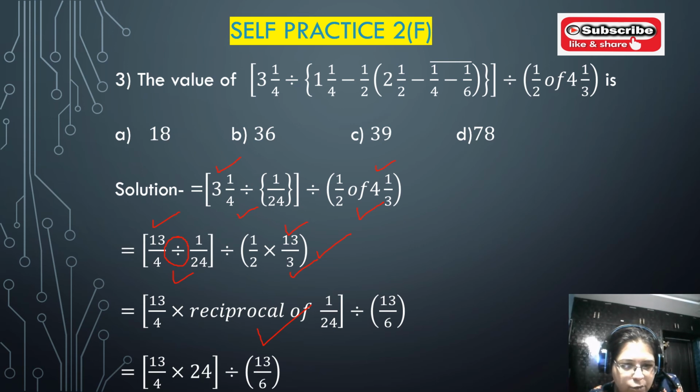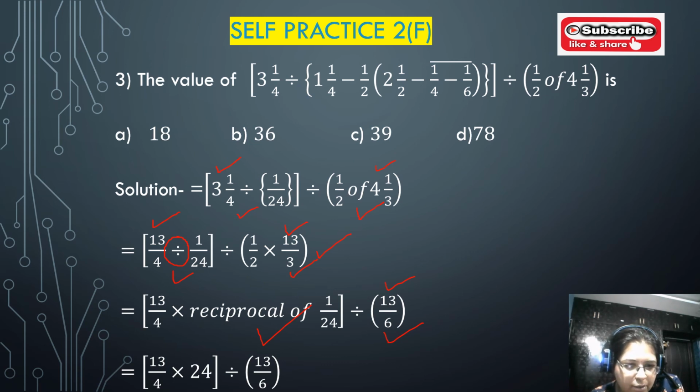The product of numerators is 1 multiplied with 13 and the product of denominators is 2 multiplied with 3. So 1 multiplied with 13 is 13 and 2 multiplied with 3 is 6. So we get 13/4 multiplied with the reciprocal of 1/24, that is inside the square bracket. Division of 13/6.